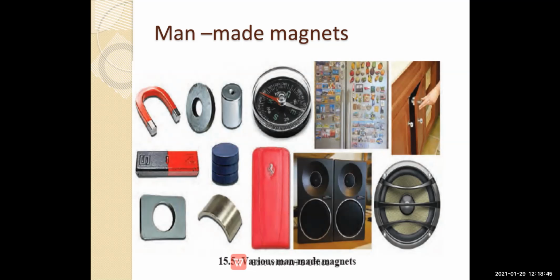Then you have a magnetic compass which indicates the direction such as north and south. This magnetic compass is very useful when you are lost in a forest or on a seashore. You don't know the direction where to go, so this compass will tell you the north and south direction, and in that direction you can move.